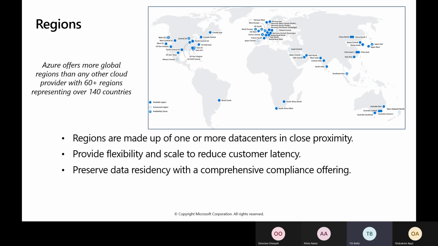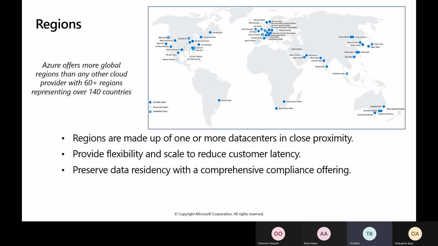In West Europe, for instance, you can have multiple data centers, spread across different countries, and each data center in a region is about 300 miles away from the others. It's set up in such a way that the latency between each region, or even each data center within a region, is very low.